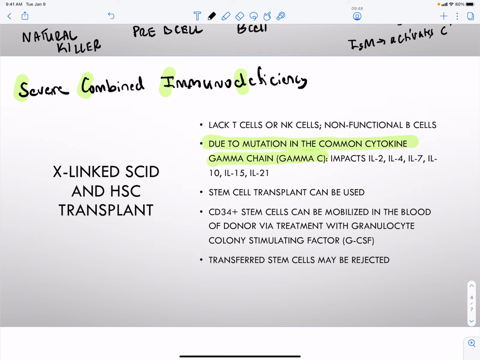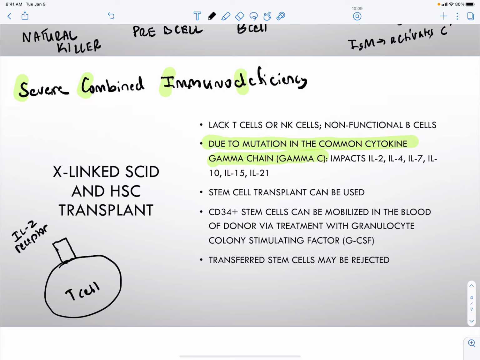And so basically, we talked briefly before about your IL-2 receptor. So here's your T cell, and on its surface, it's going to have an IL-2 receptor. The IL-2 receptor is made up of 3 parts. I'm just going to draw them really big.